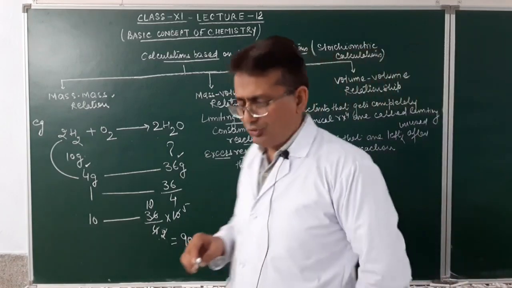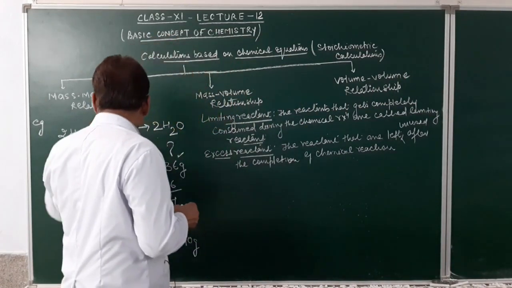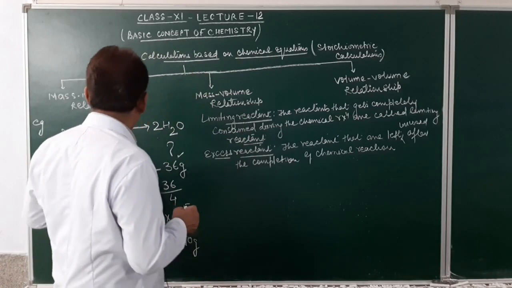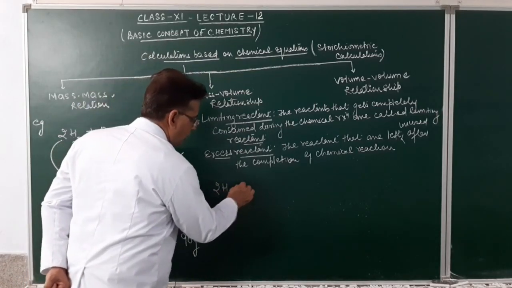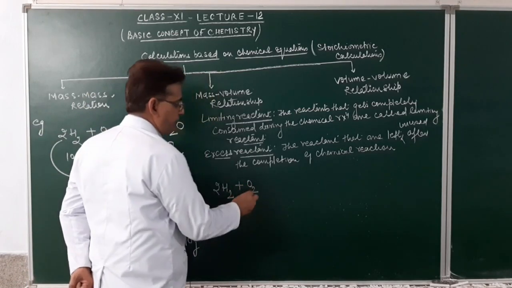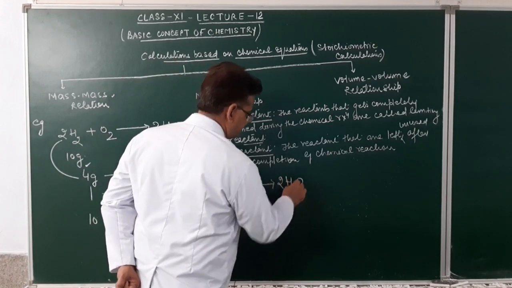Let me explain this concept of limiting reactant and excess reactant again, taking an example of the same reaction. Suppose the reaction over here is hydrogen. Hydrogen when reacting with oxygen results in the formation of water.